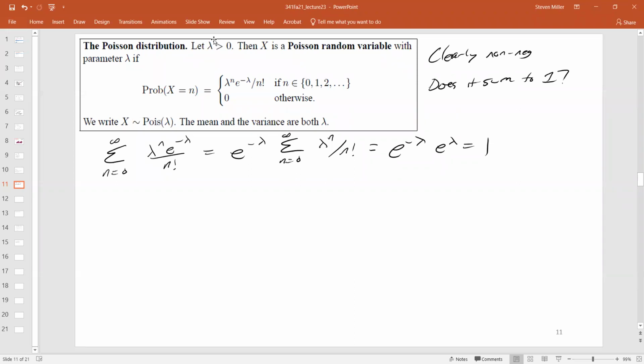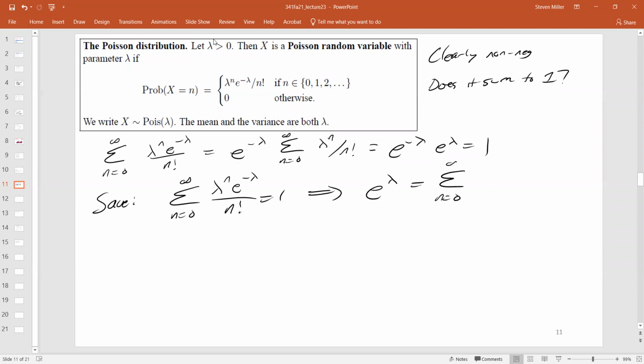I'm going to save the following. We know the sum n goes from 0 to infinity of lambda to the n, e to the minus lambda over n factorial equals 1. That implies e to the lambda equals the sum n goes from 0 to infinity of lambda to the n over n factorial. Why do you think I might be saving this?